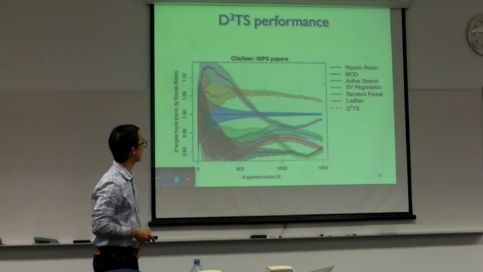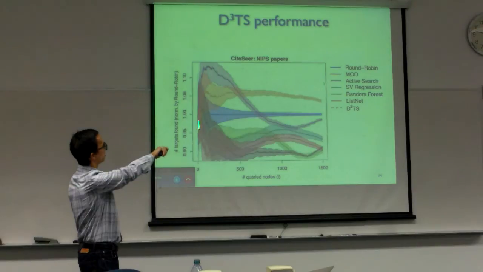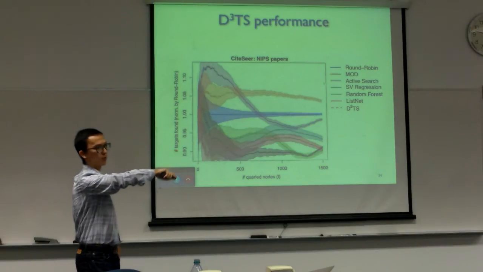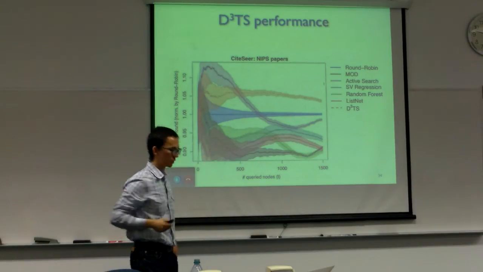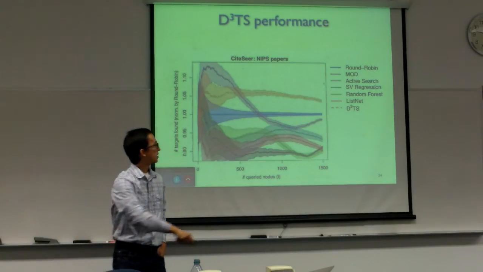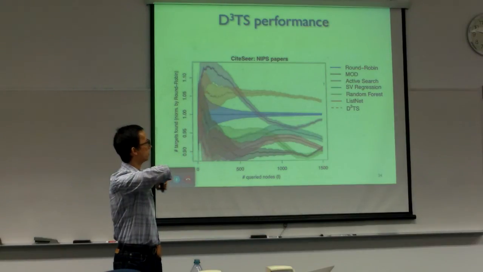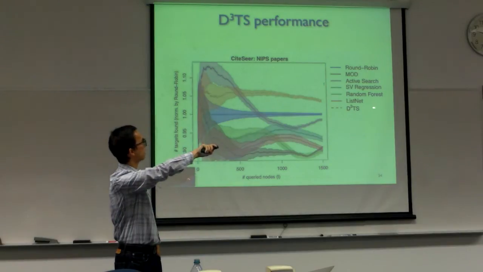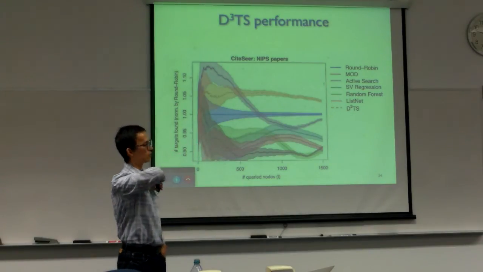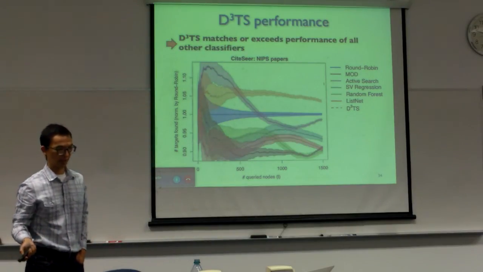And what we see is, I forgot to mention that all these curves are normalized by round robin's performance, and that the shaded area represents 95% confidence intervals for the mean. So what we see is that both round robin and D3TS outperform all the other methods, and that D3TS is consistently still better than round robin. And that observation is consistent across other data sets.